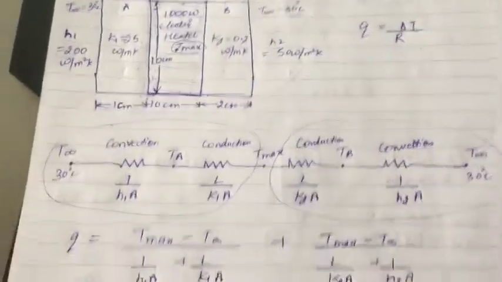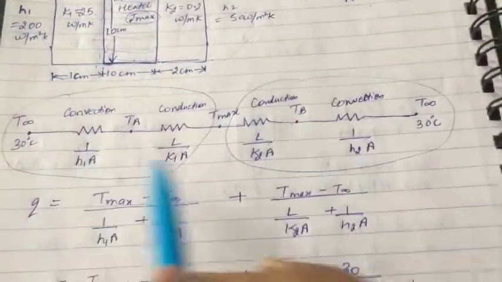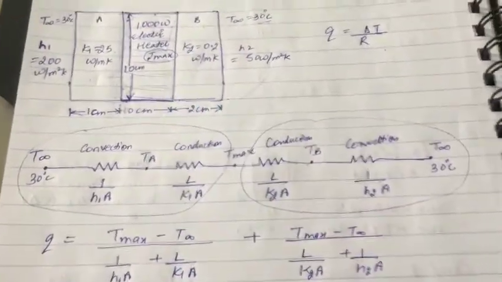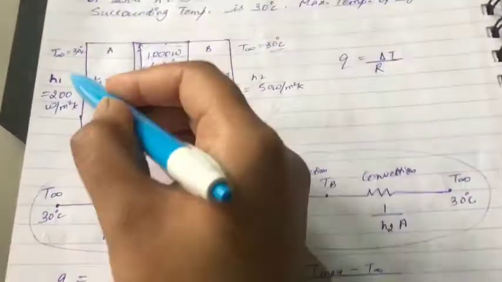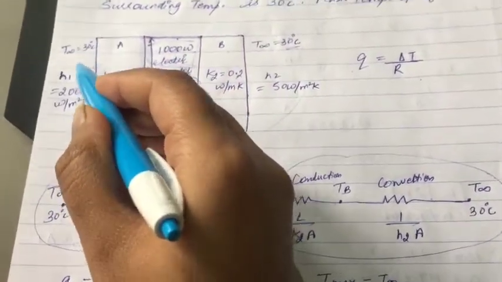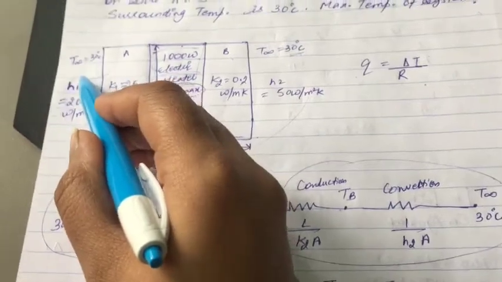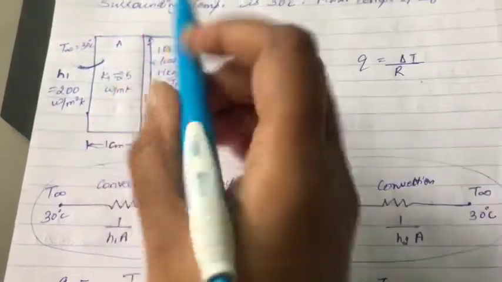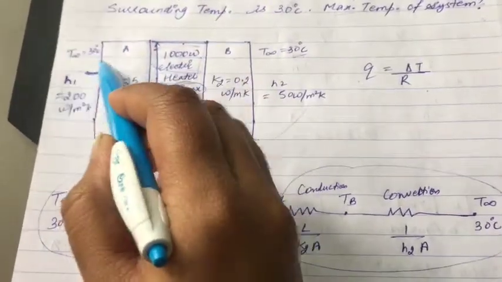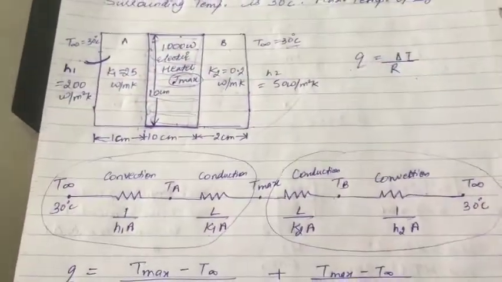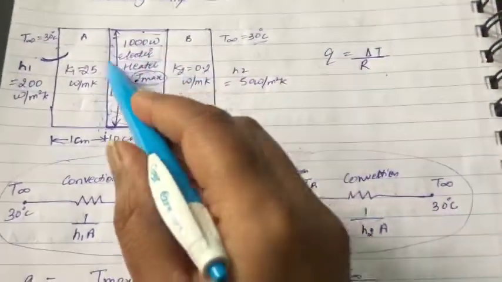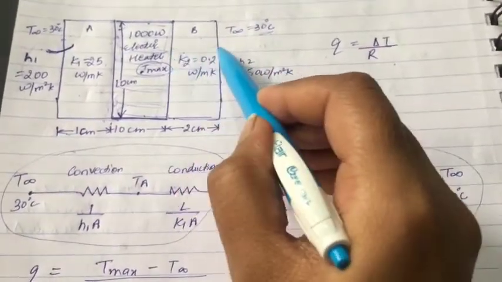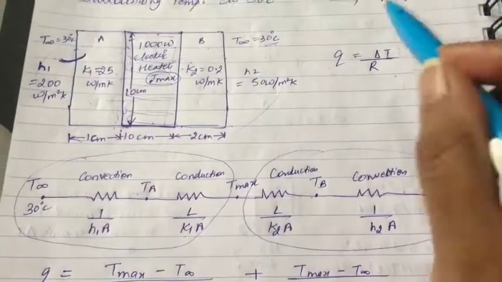Now we are going to draw our resistance network with the help of this diagram. If we see this surface, this is outside. From outside of the solid surface, convection would take place in this portion, after which from this surface to this surface conduction would take place.